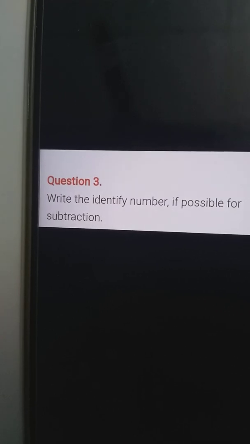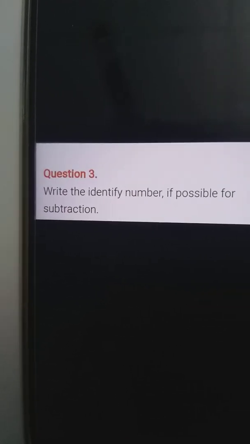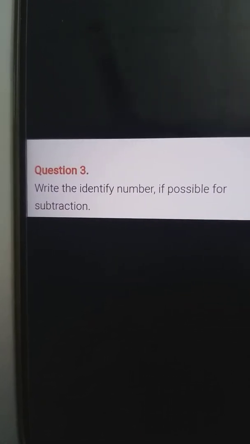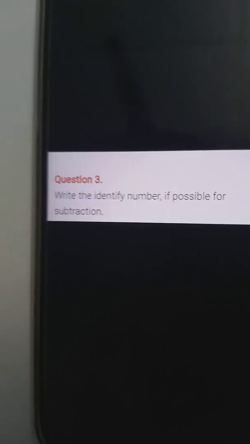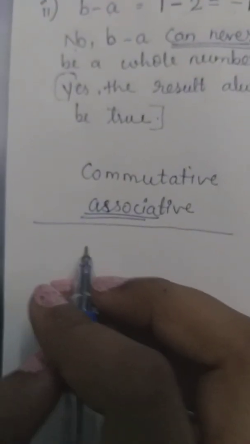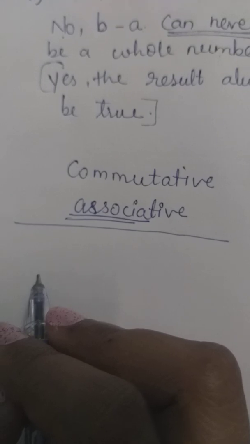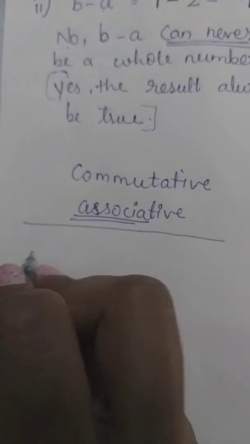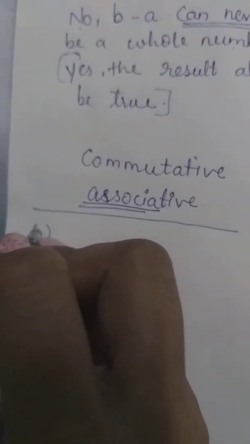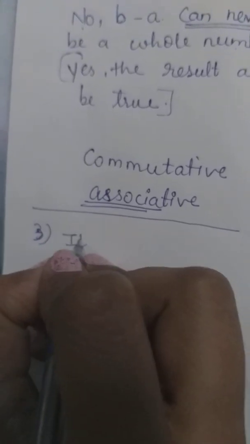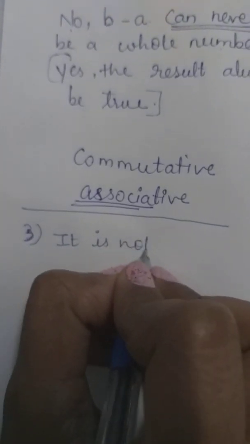Now, write the identity number if possible for subtraction. So in the properties we just did, write the identity number if possible for subtraction. So I'll write the answer of the third. It is not possible.